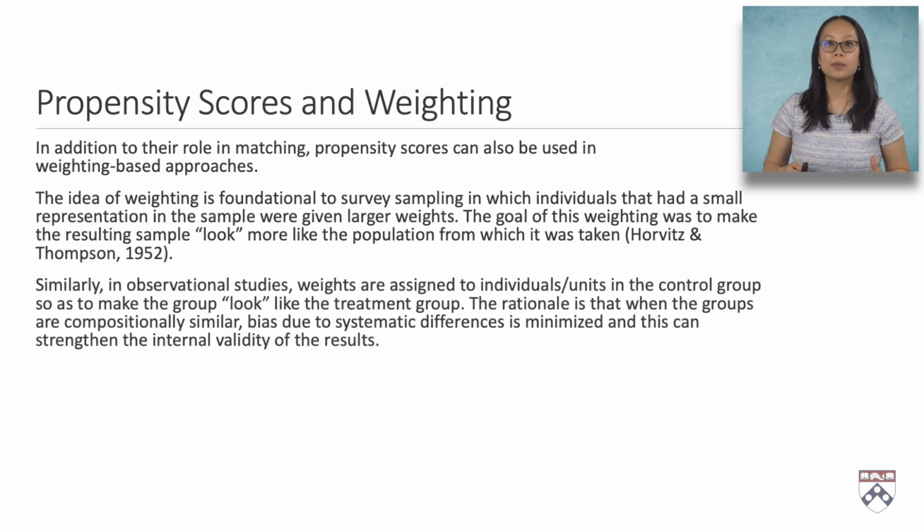So in the same idea, we can do the same thing in observational studies or quasi-experimental studies, in which we apply weights and assign them to individuals or units in the control group and make them look like the treatment group.